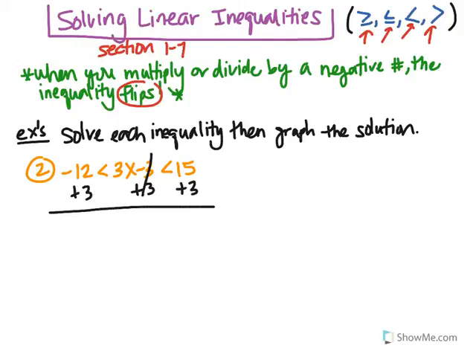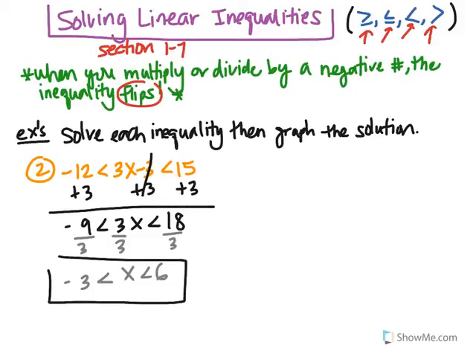When I simplify this, I end up getting negative 9 is less than 3x, which is less than 18. To get x in the middle of the inequality, you divide everything by 3. So you get negative 3 is less than x, which is less than 6. So your solution would be x values that are bigger than negative 3 but less than 6.